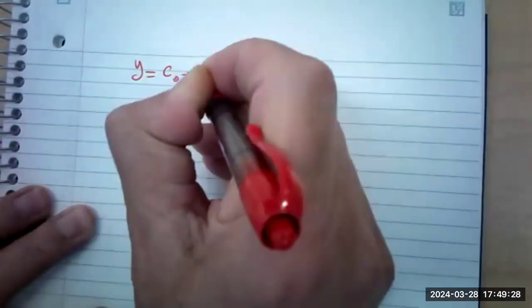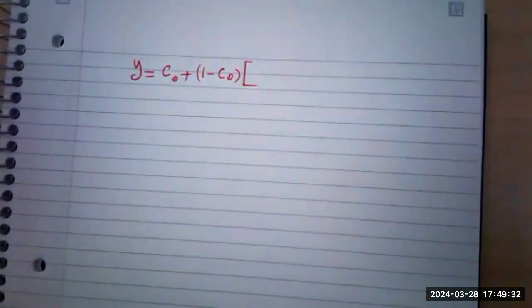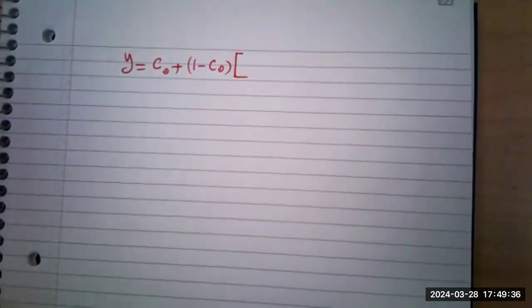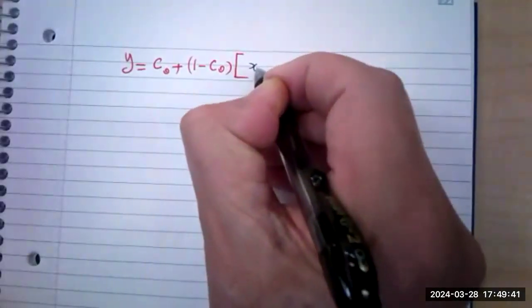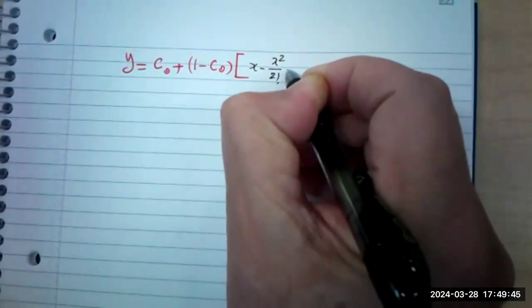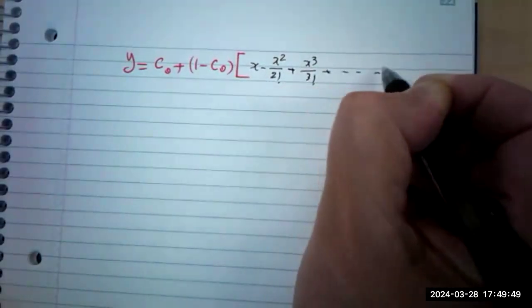So y equals c naught plus 1 minus c naught times, if you factor it out from the rest, we get x minus x squared over 2 factorial plus x cubed over 3 factorial, etc.